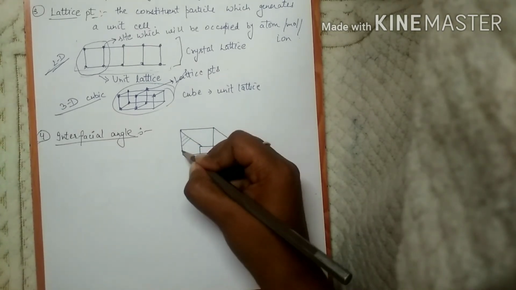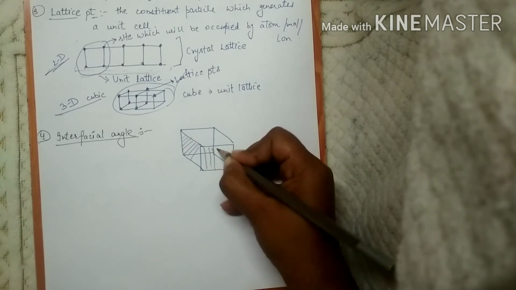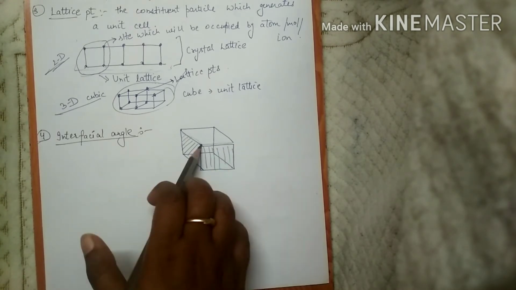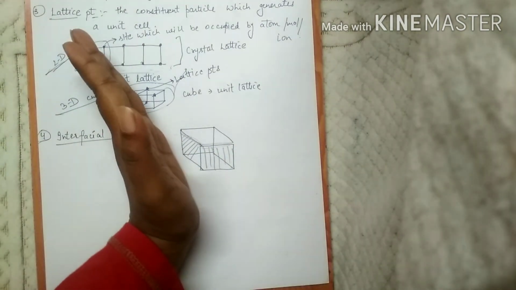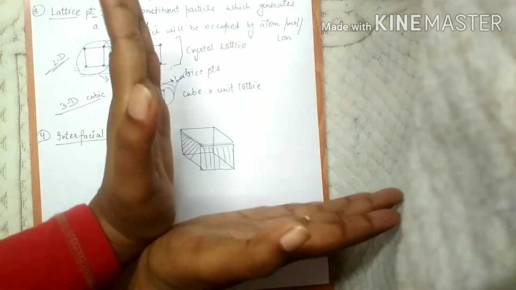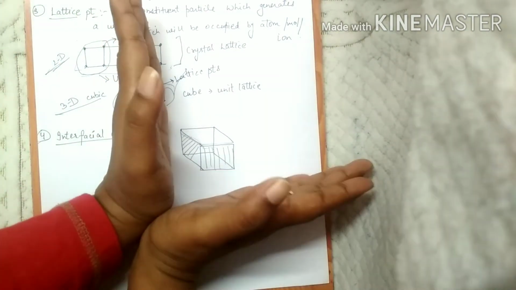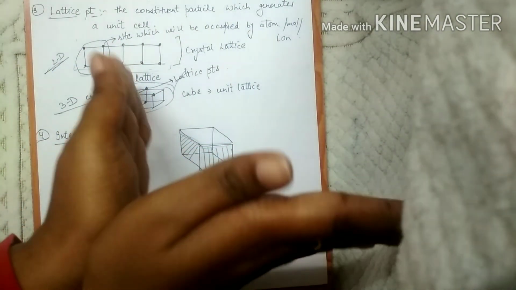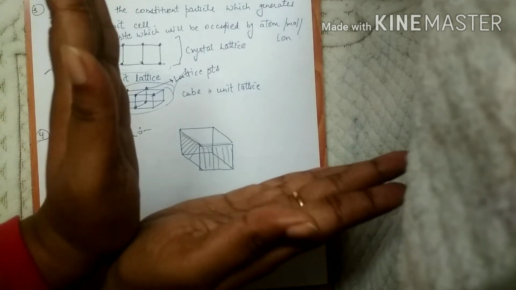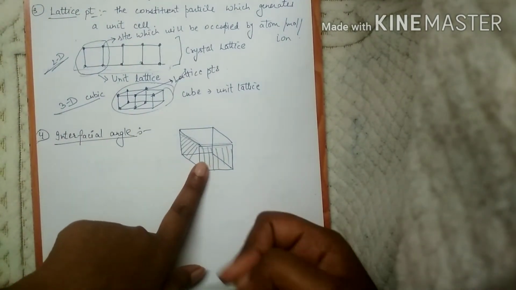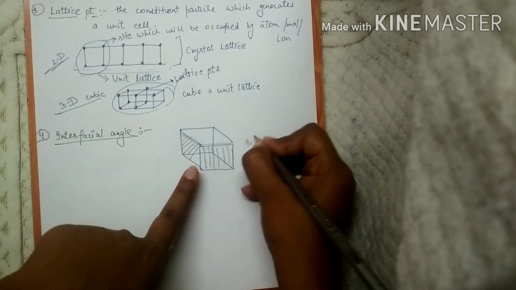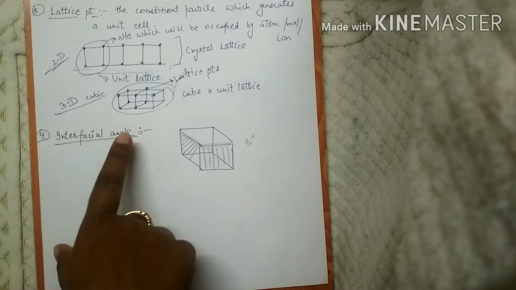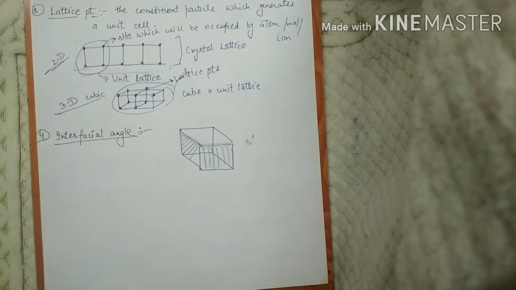What is the angle between this face which is going inside and this face which is in the front? This is 90 degree. So in case of cube, your interfacial angle is going to be 90 degrees. So this is your interfacial angle, that is angle between two adjacent faces.